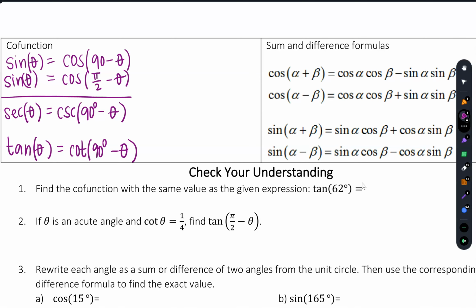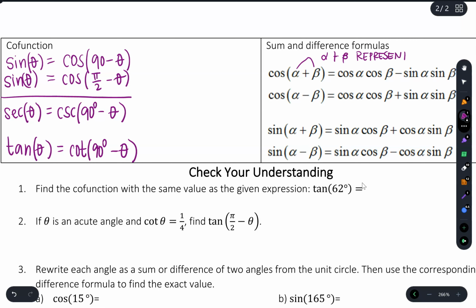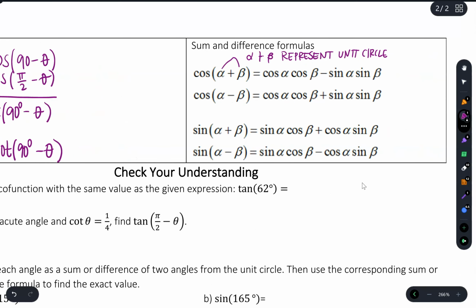So alpha and beta represent angles that are on the unit circle measures. Okay.